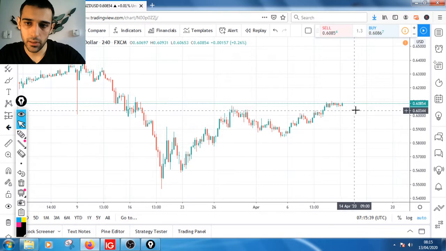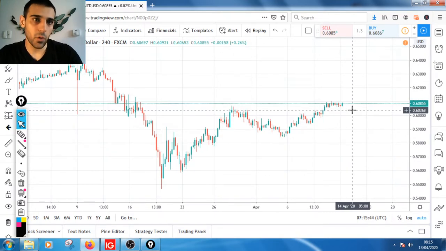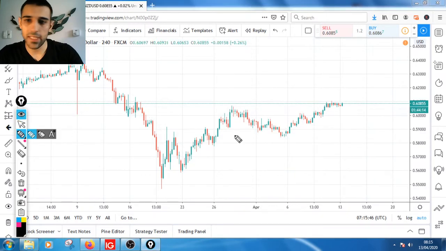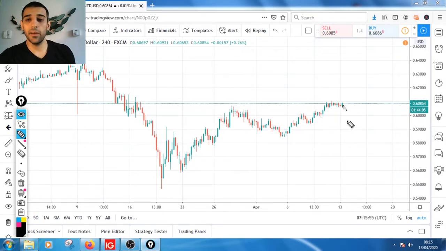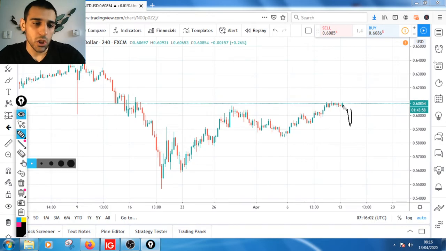Let's look up here. If it comes down, it doesn't show much strength. So let's have a look. If it comes down in about 2 candle bars, this hour and the next hour, and doesn't really show any strong moves, then I will be looking to get onto the long side.